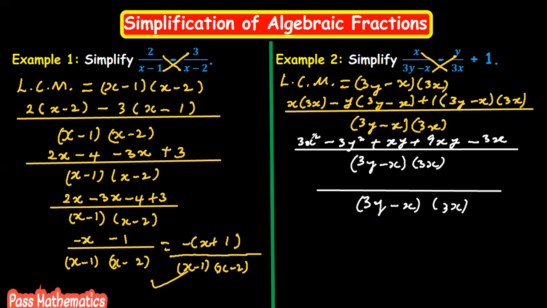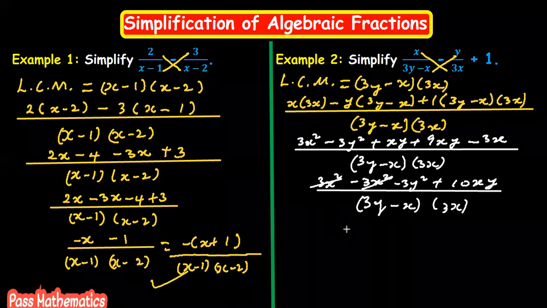Okay, so when we rearrange, this is 3x squared, and then we have minus 3y squared plus xy plus 9xy, so we should have plus 10xy. Yes, so we take away this, that is 3x squared minus 3x squared is 0, so we are left with this now.